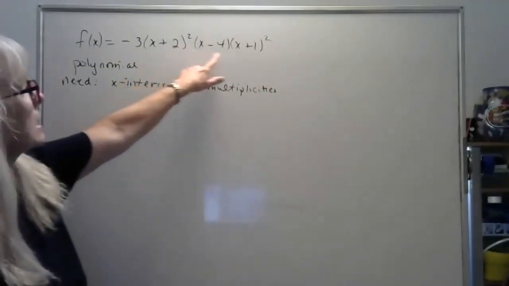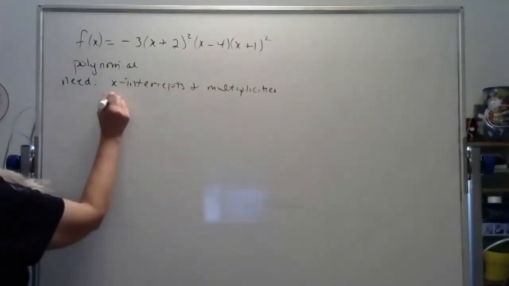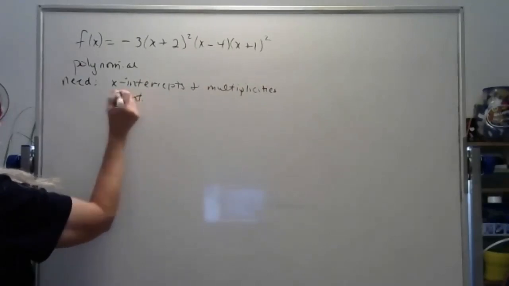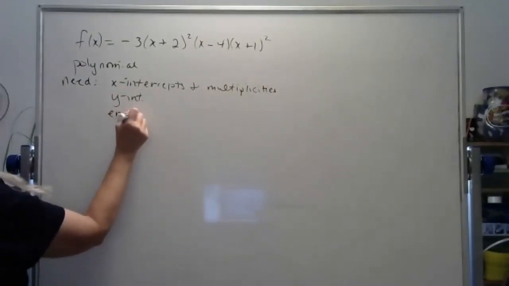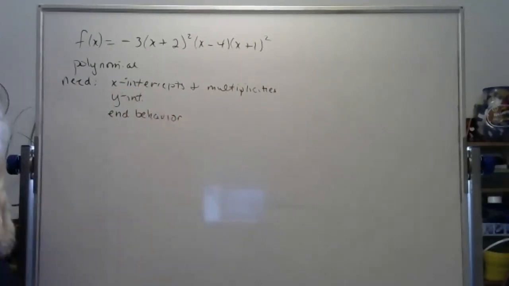Those outside exponents tell me whether I'm going to cross or bounce at those x-intercepts. We also need the y-intercept and the end behavior, because I have to know where I'm going to start and where I'm going to stop my picture. So let's break it down.